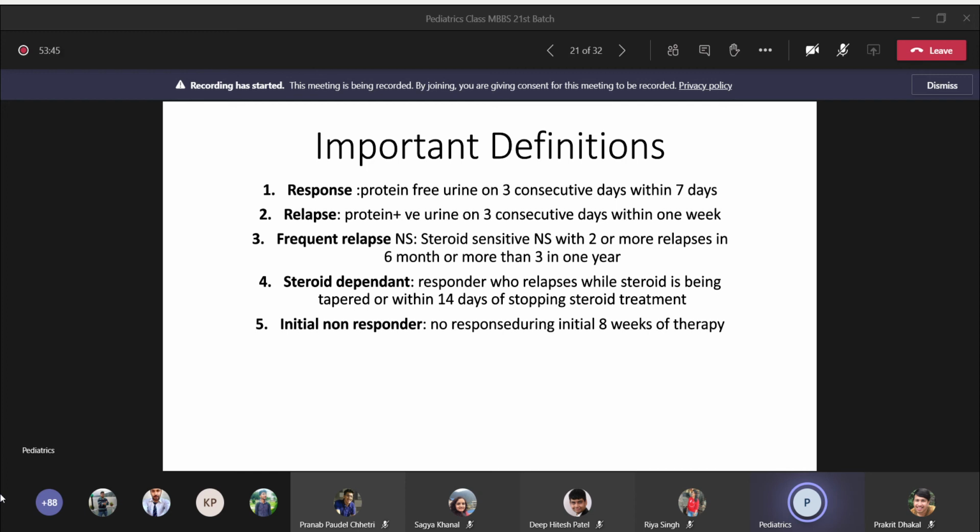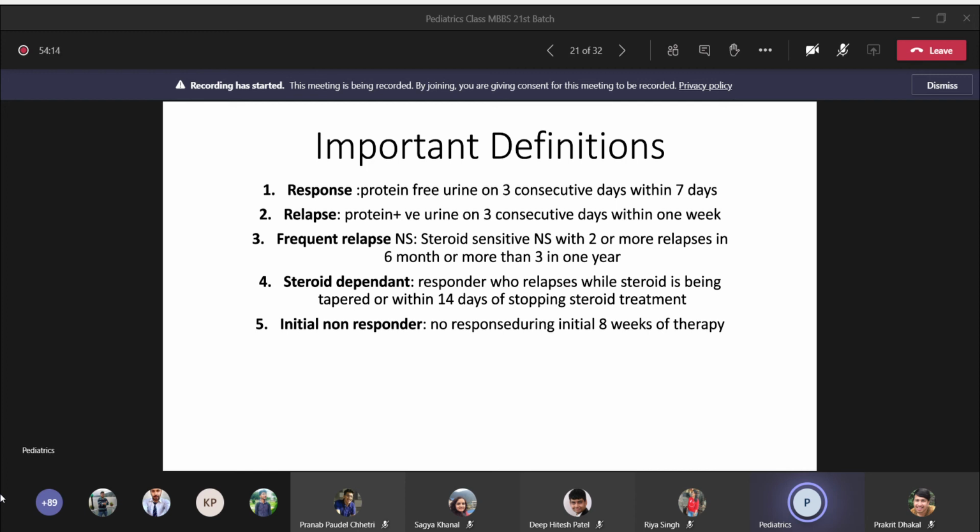The first one is response. Protein-free urine on 3 consecutive days within 7 days. Response means, now I will come to the treatment. If you give the steroid, it is the specific treatment for nephrotic syndrome. Most often the patient will respond in 7 to 10 days.